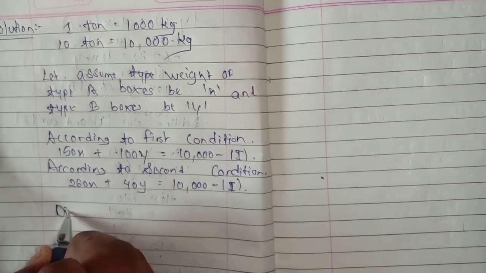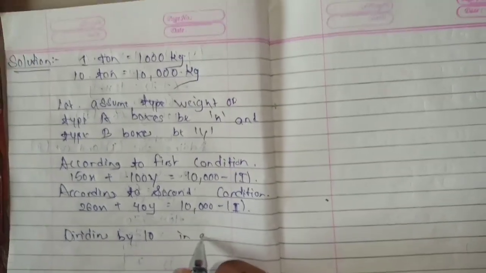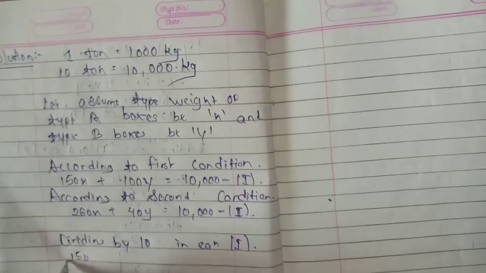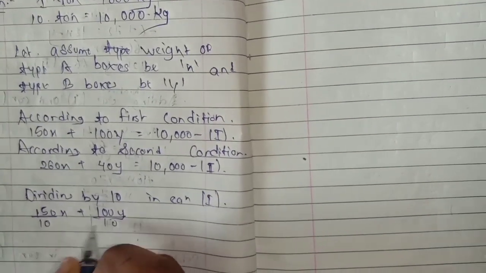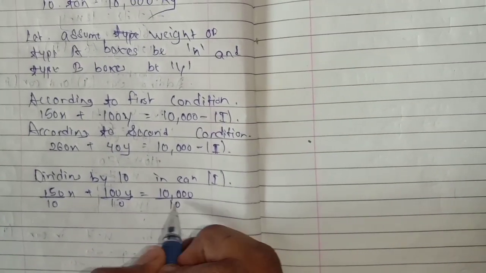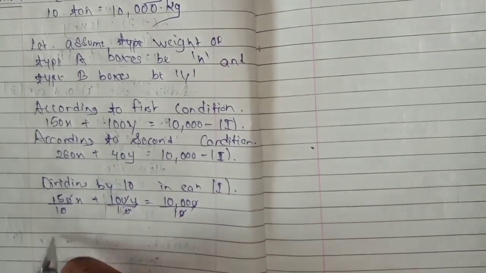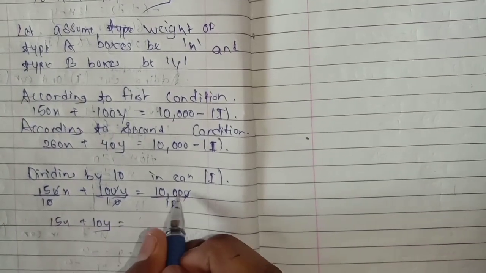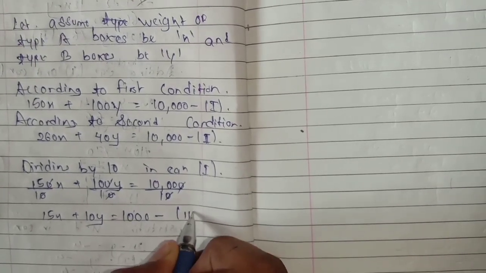So 150x divided by 10, plus 100y divided by 10, is equal to 10,000 divided by 10. The zeros get cancelled, so it remains 15x plus 10y is equal to 1000. This will be equation number third.